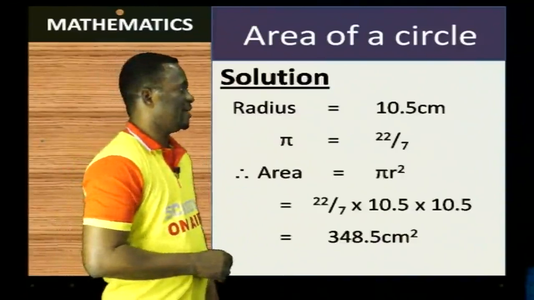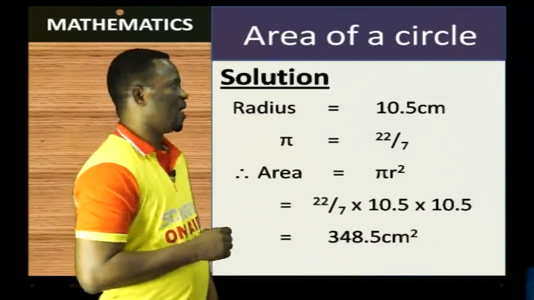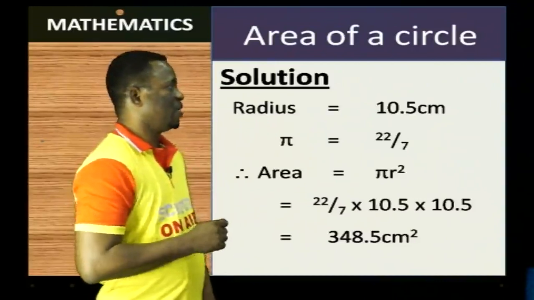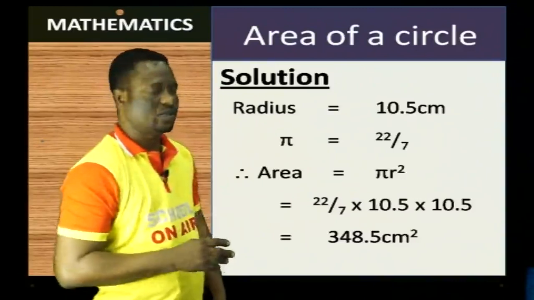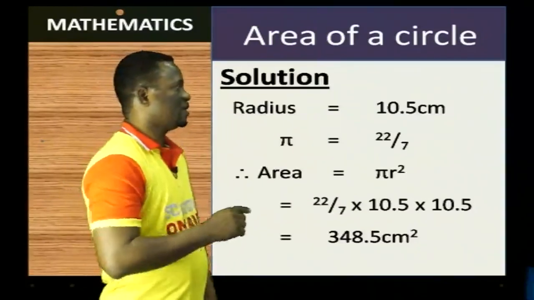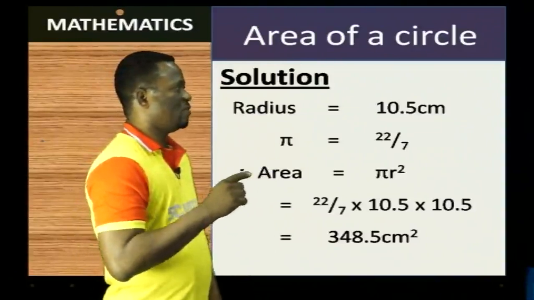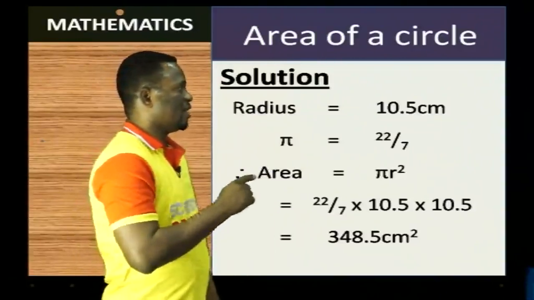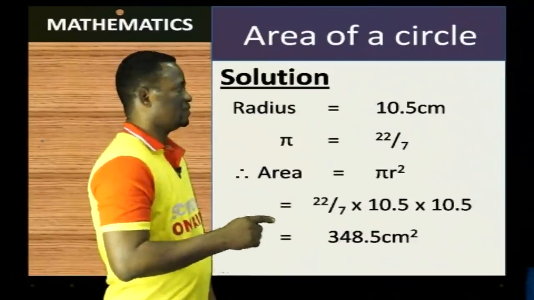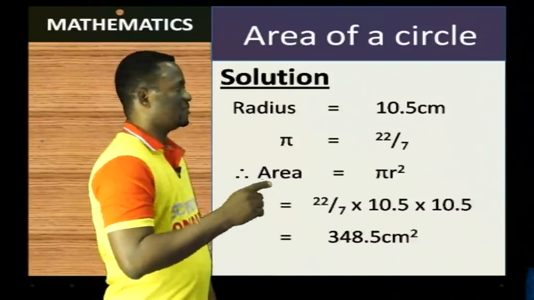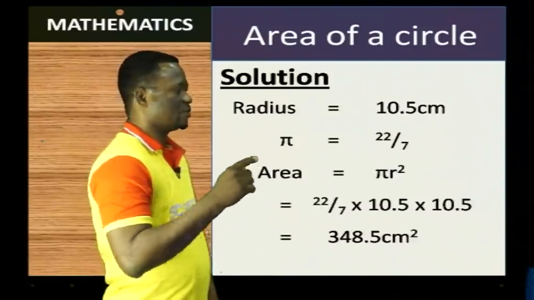Definitely we are applying the formula area is equal to pi r squared. Firstly, we have to write out what we are given that we are going to slot into the formula. So the radius is 10.5 centimeter. Our pi is 22/7. Therefore, area is equal to pi r squared, and we have 22/7 times 10.5 times 10.5. We have 10.5 twice because we have r squared.